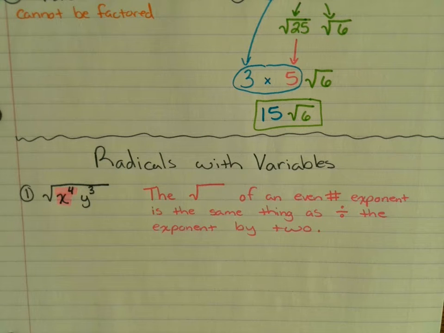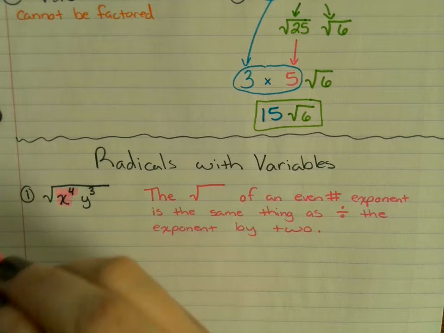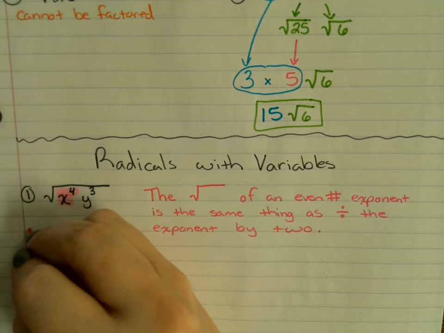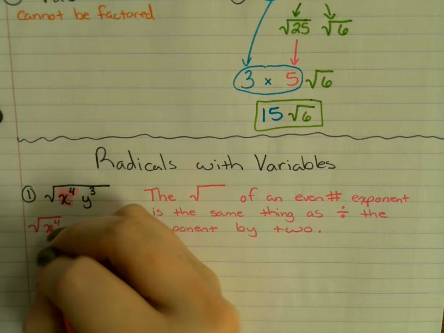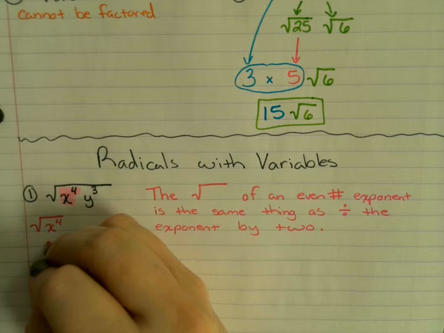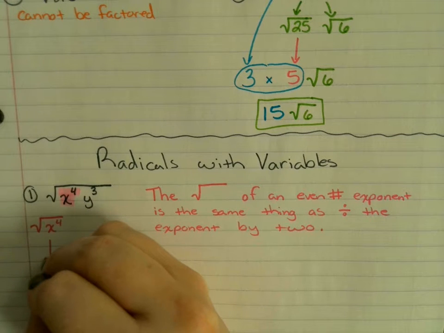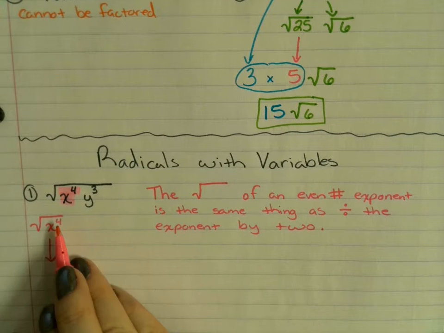So I'm going to go ahead and pull this apart and just write it separately as square root of x to the 4th. And if I divide that exponent by 2, then I would be left with just x squared.